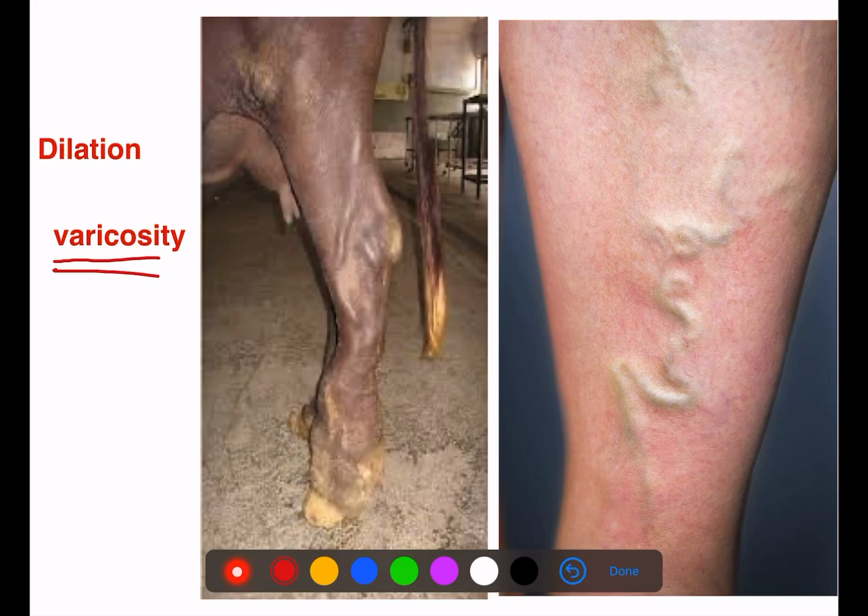Dilation of veins within some organ, like dilation of veins within the liver, is called telangiectasis. It usually occurs within the veins of the liver.